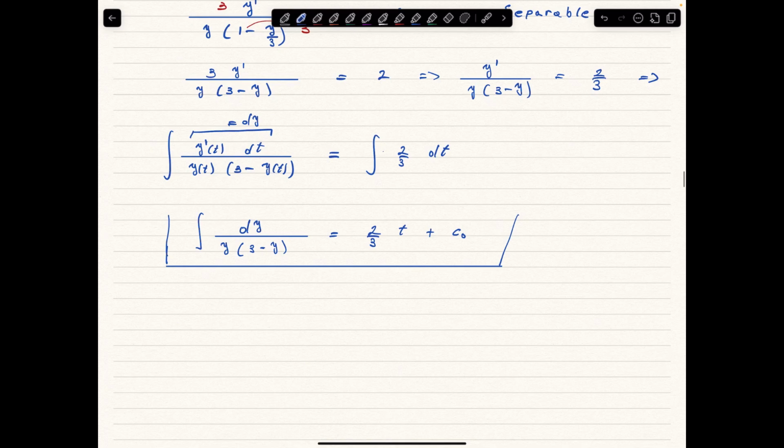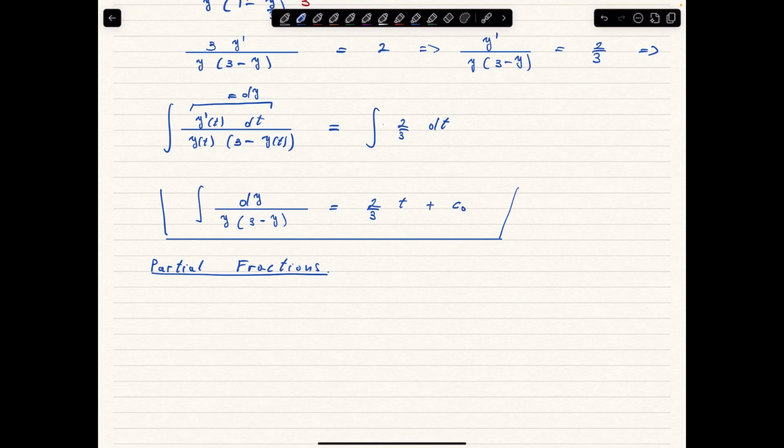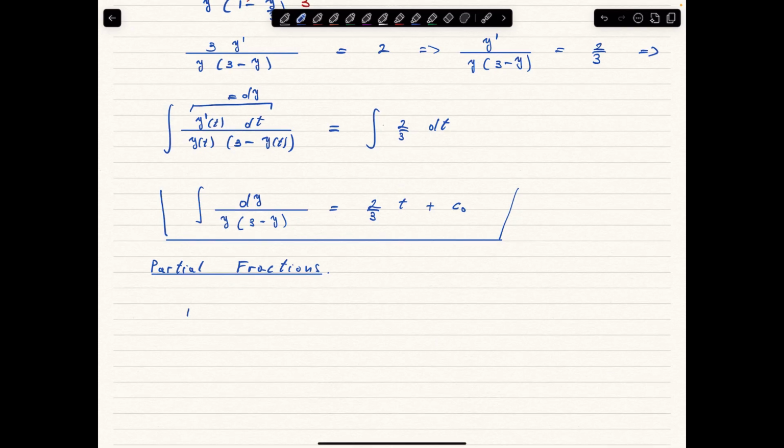Okay, how do we do that integral? Well, that is not an easy integral, but there is a way to do it. And if we recall, the magic words here are partial fractions. So what is that? It's a rewriting of the rational function on the left hand side, 1 over y times 3 minus y.